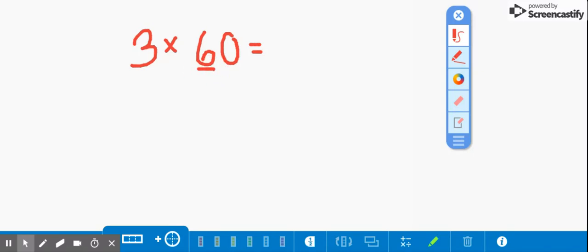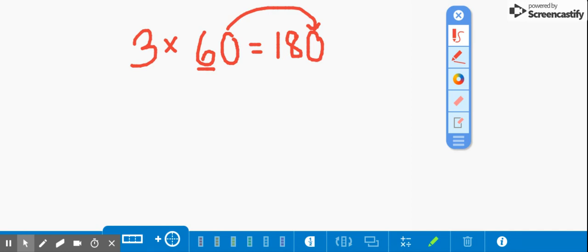So we can think of it as 3 times 6 tens. 3 times 6 would be 18, but it's not times 6, it's times 6 tens. So we want to make the answer 18 tens. So we just have to add that 0 back in. 180. Did you get that?